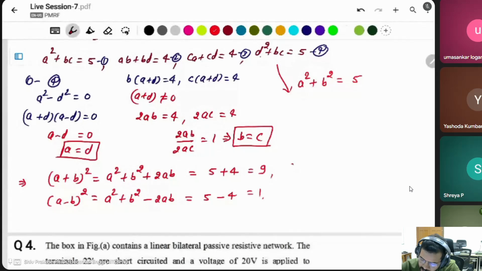Then you can say a plus b is equal to 3, a minus b is equal to 1. If you sum these, we get 2a is equal to 4, a is equal to 2. If a is equal to 2, then b is equal to 1.